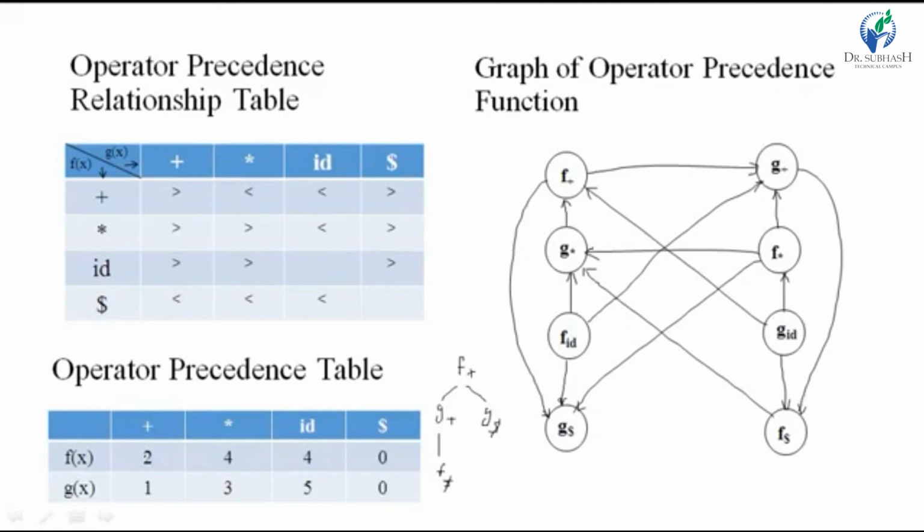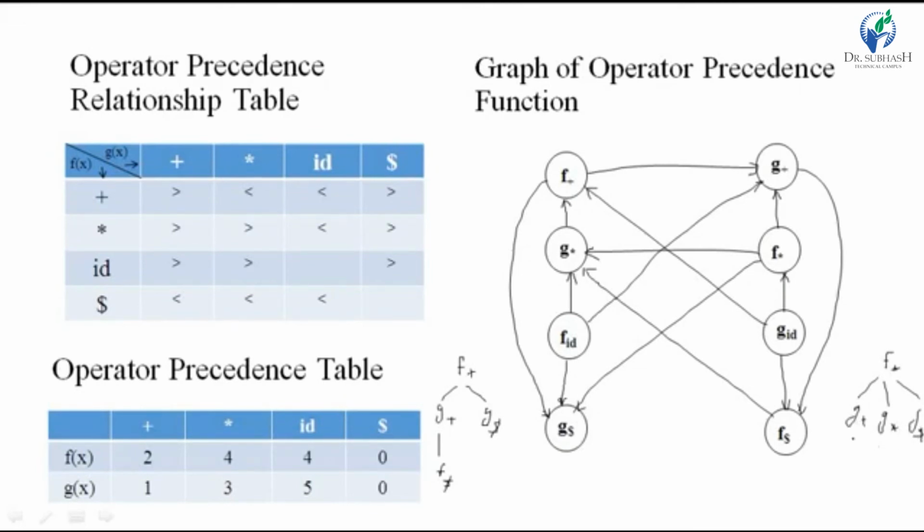For F star, there is outer precedence G plus, G star and G dollar.